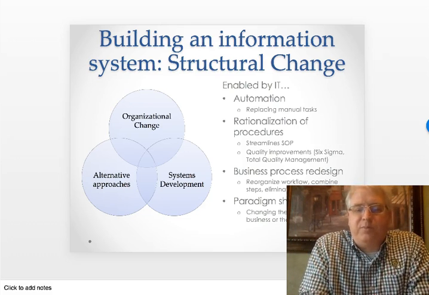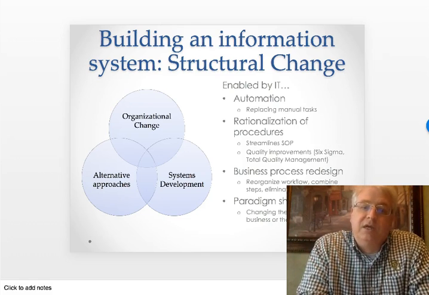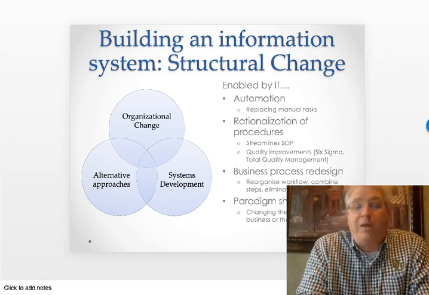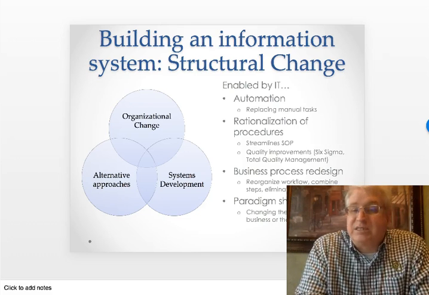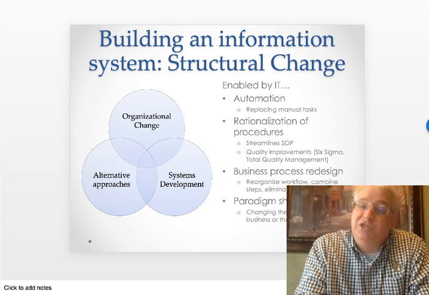A couple of really important terms here that you may or may not have heard before are called quality initiatives. In many cases, Six Sigma is one of those, and total quality management, or TQM. TQM is kind of, I don't know, I don't necessarily hear that much anymore.